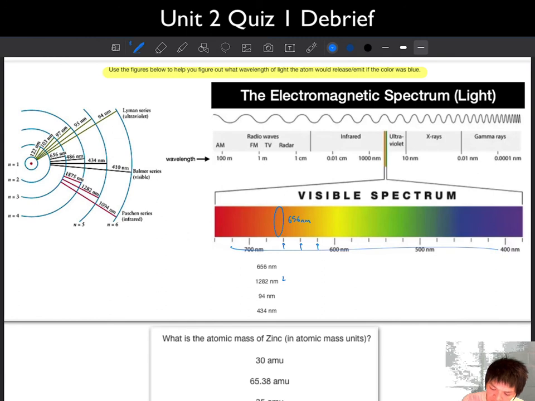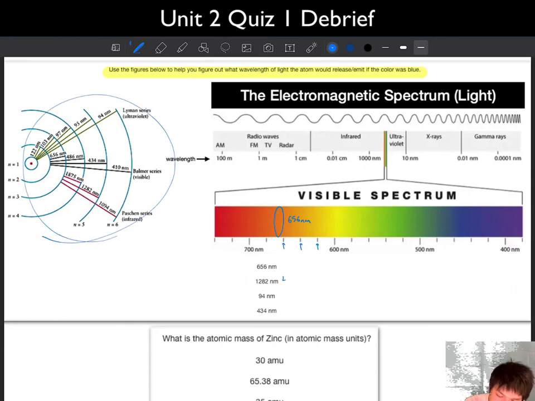So technically, it's way past the wavelength of light. Oh, maybe we can use this. 1282. It says it right here. That's actually infrared light, so we can't see that. So it's not that one either.